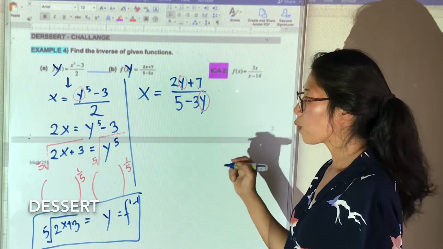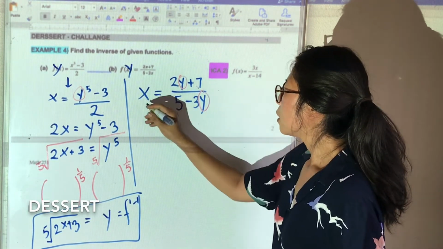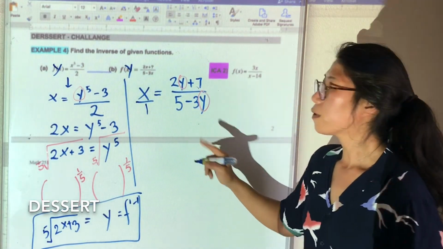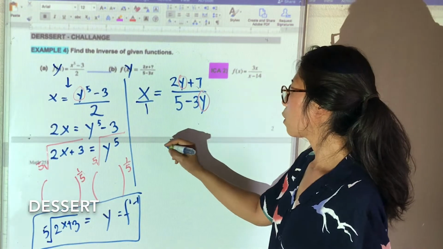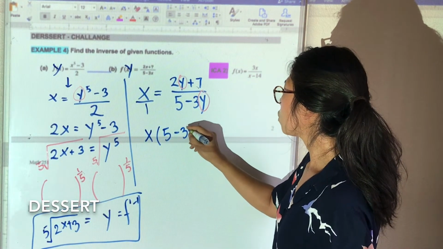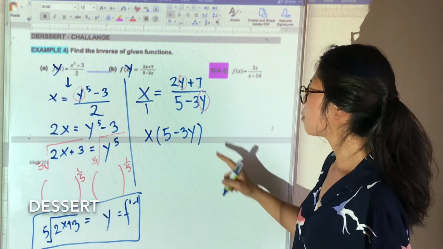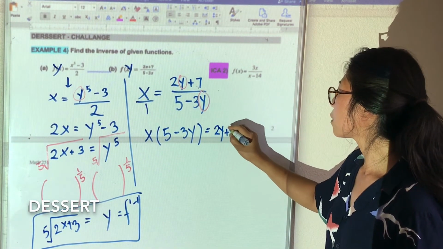One of the ways we can use is to factor out. Let's look at this equation. It is a rational equation, which we are going to approach by cross multiplication. So I'm going to cross multiply: x times 5 minus 3y is equal to 2y plus 7.